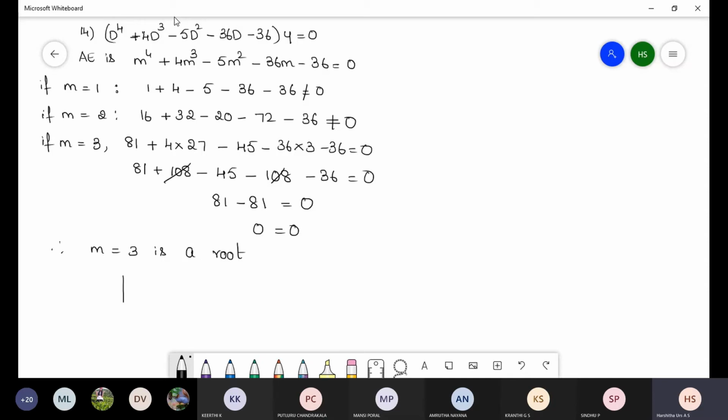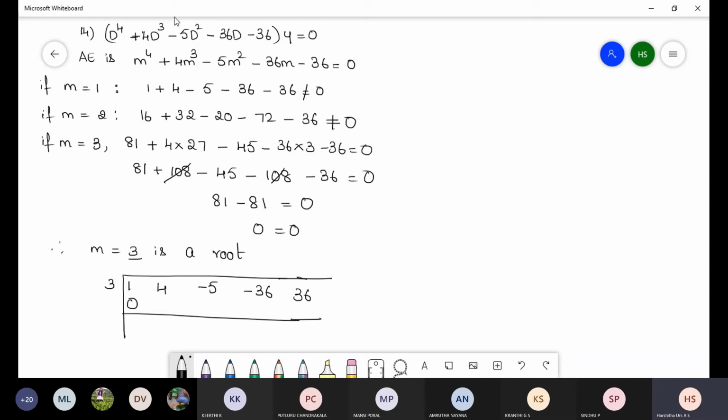Now write the synthetic division. So here I write 3 as a root. Then the coefficients 1, 4, minus 5, minus 36, minus 36.